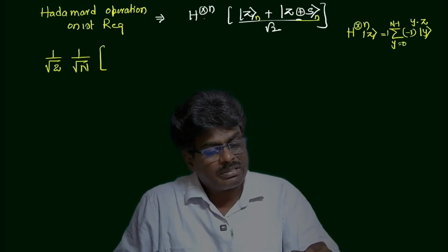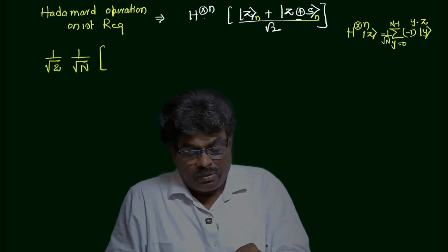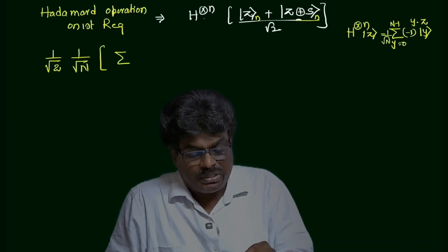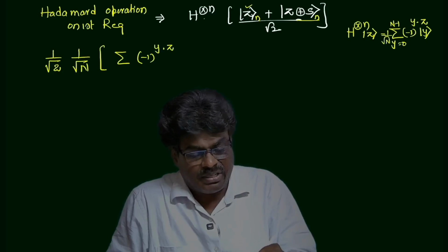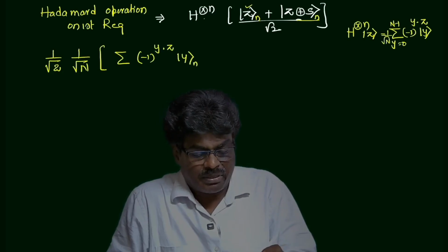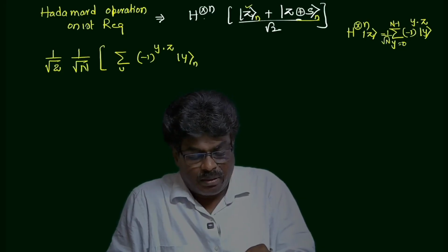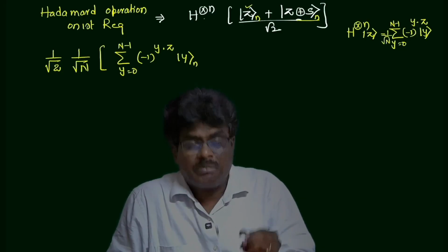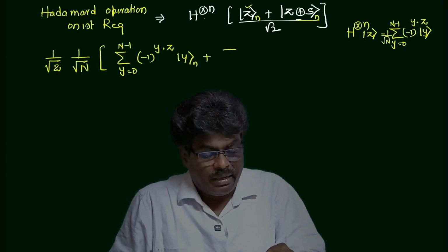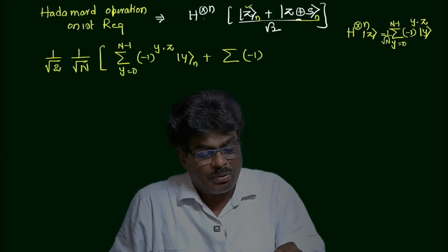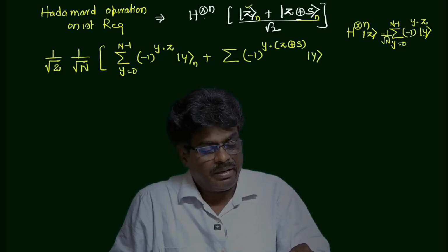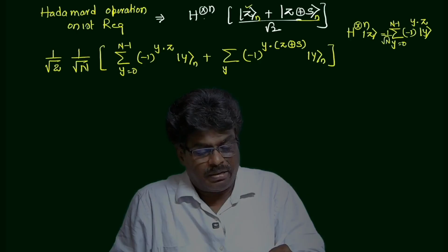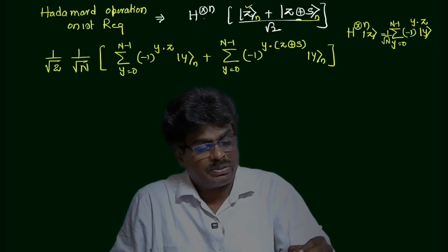Of course, the normalization constant is 1 over root N. So let me write here: the summation of (-1)^(y·z) |y>, of course n qubits, y equal to 0 to N minus 1, plus again the summation of (-1)^(y·(z⊕s)) |y>, and here also y is equal to 0 to N minus 1.